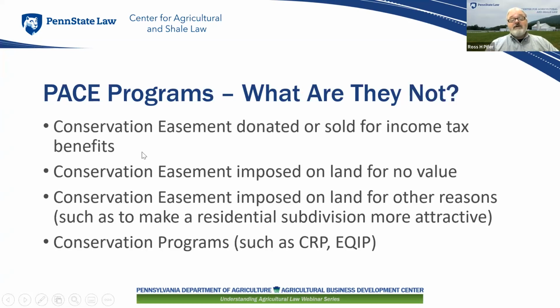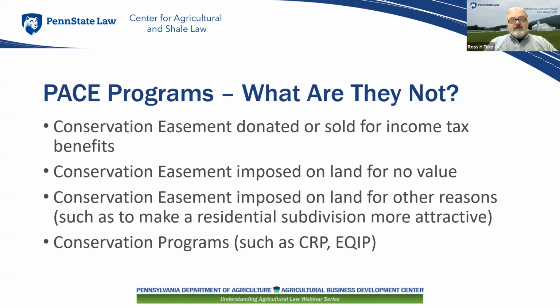What we're not going to talk about today is, we're just going to talk about these purchase of ag conservation easement programs. So we're not going to talk about conservation easements for which the property owner who creates the easement is getting income tax benefits, where the property owner donates or sells a conservation easement in exchange for income tax benefits. That is a common way that conservation easements are imposed on the land, and we're not going to talk about that today.